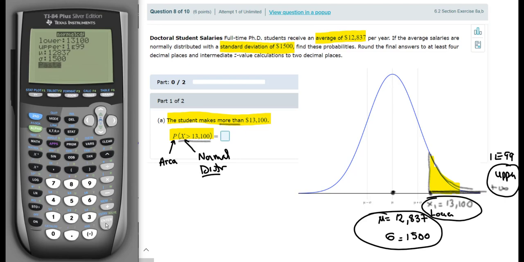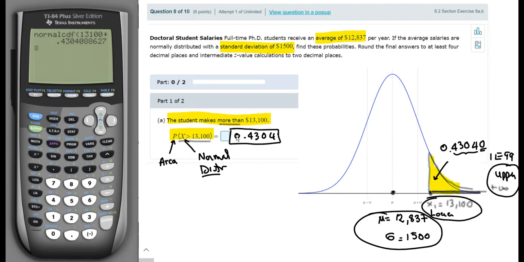Enter. Okay, we enter and we get that value. This means that this area here is going to be 0.4304. You want to round this to 4 decimal points, so this should be 0.4304. We stop at the 4.